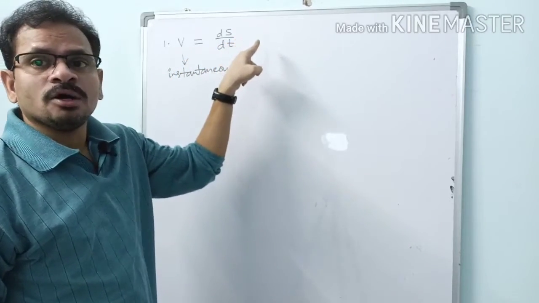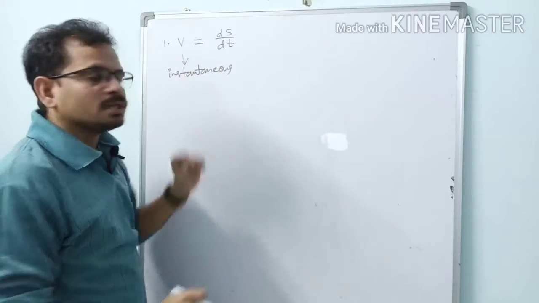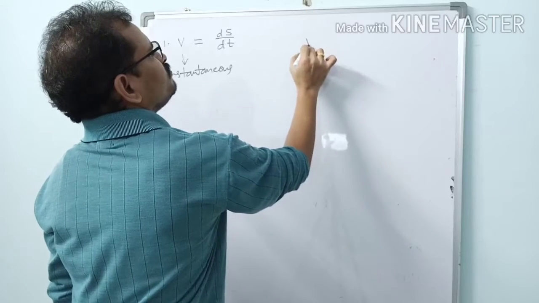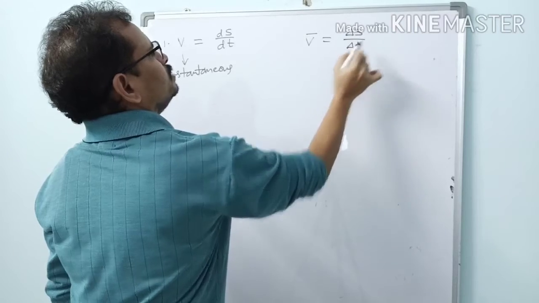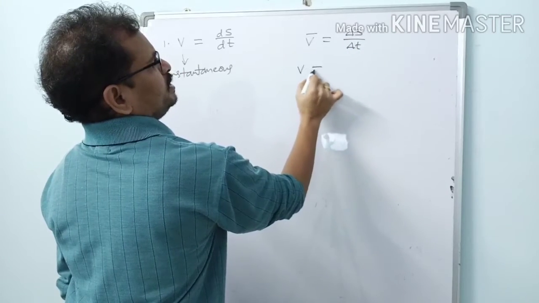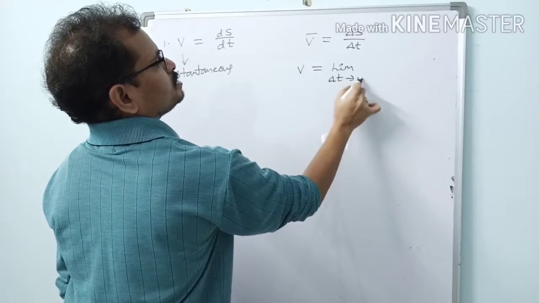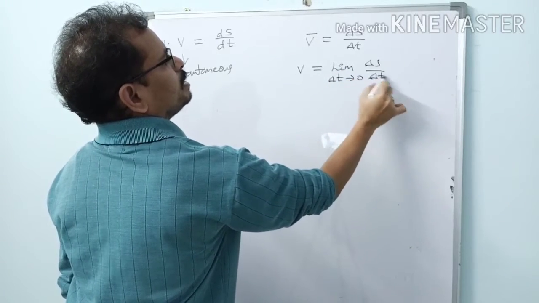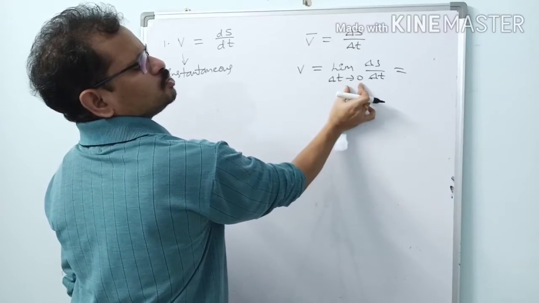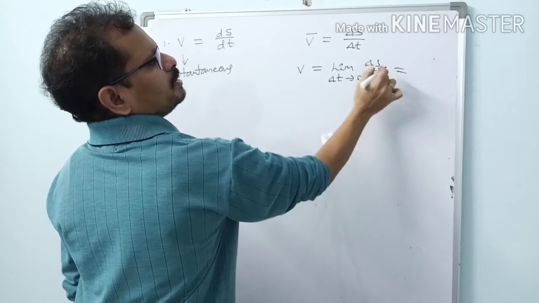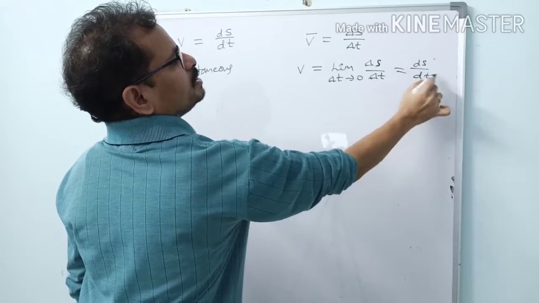This is the time rate of change of displacement. And how did you get this one? Average velocity v bar is expressed as delta s by delta t, and instantaneous velocity v is expressed as the limit delta t tends to 0 of delta s by delta t. Applying the limit, when delta t is very close to 0, delta s becomes ds and delta t can be written as dt.